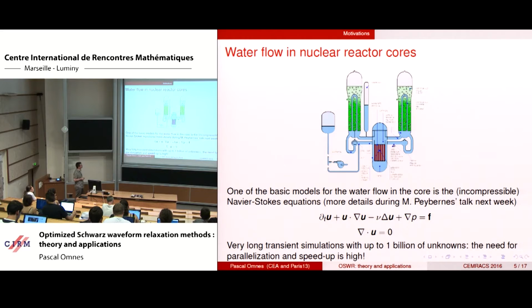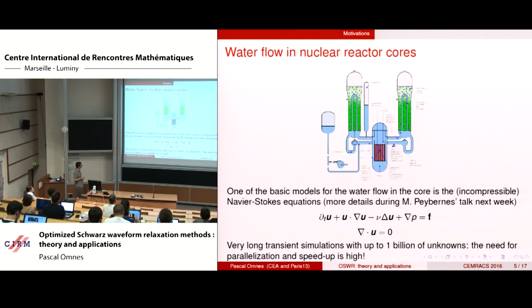The second application we have in mind, which has not started at all, we are starting it actually here at the SEMRAX, is a nuclear core, the core of a nuclear reactor. And so you have fluid flows everywhere. The blue color represents water, typically.